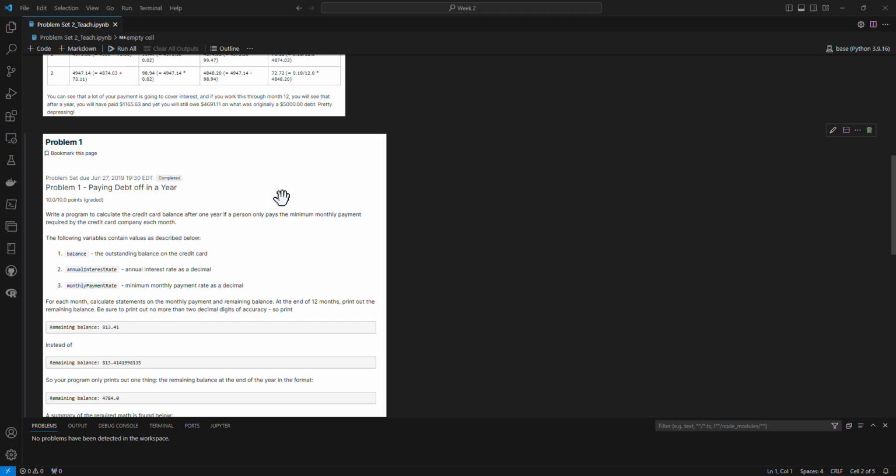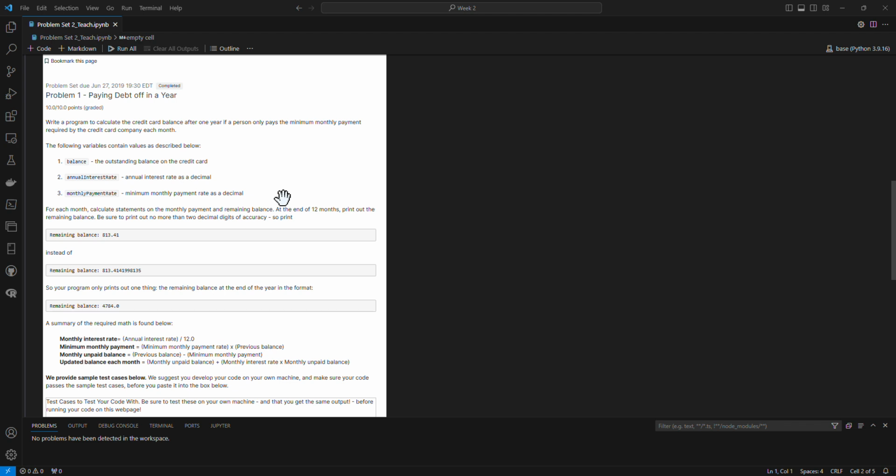Out of these three things, we need to calculate the monthly interest rate out of the annual interest rate by dividing the annual interest rate by 12. We calculate the minimum monthly payment by multiplying the minimum monthly payment rate by the previous balance, which is the balance right here.